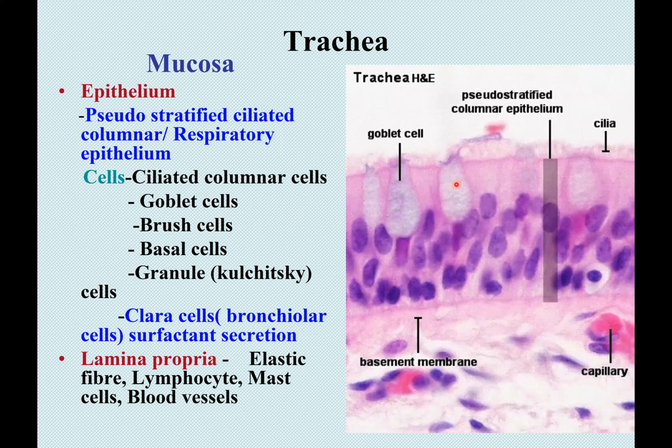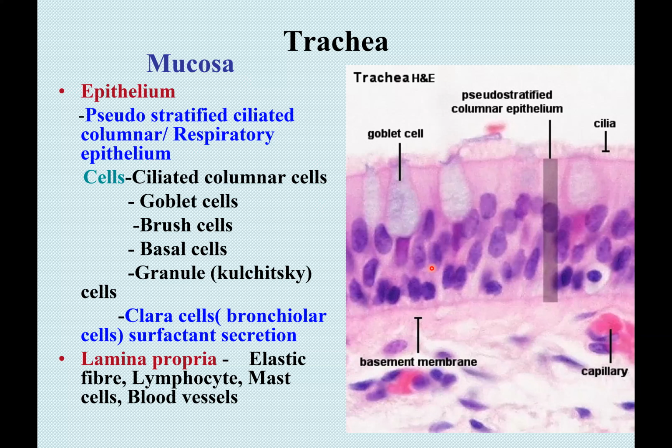So when we take the mucosa, the epithelium, as I said, under the cell types I can ask you to describe the morphological organization of the mucosa of the respiratory tract, the trachea. That alone, I can give 15 marks.